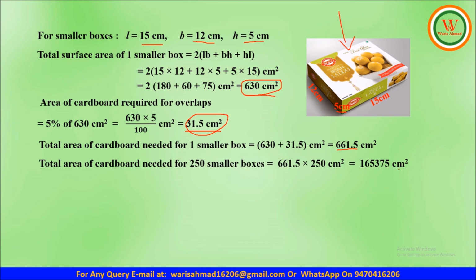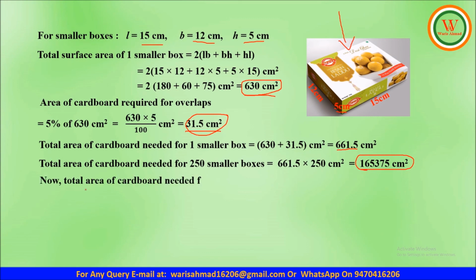1,65,375 centimeter square. Now, after that, we have to add the area of both the cardboards. This is the area of cardboard needed to make the smaller boxes, and in the previous one, we have calculated the area of cardboard needed to make the bigger boxes. So, we have to add both.